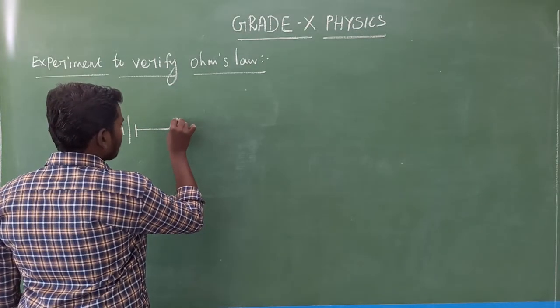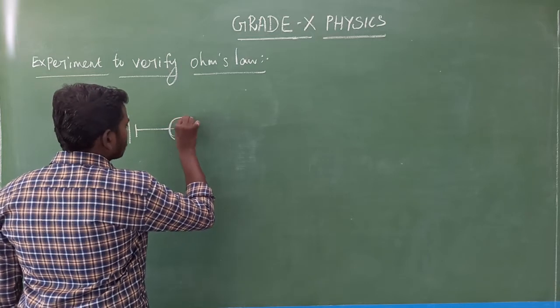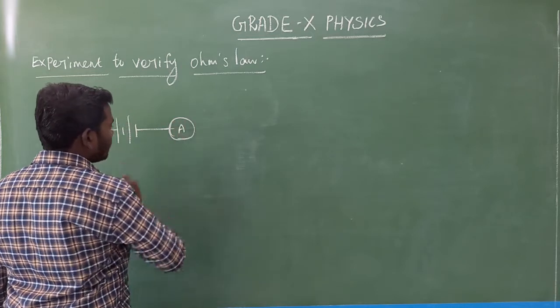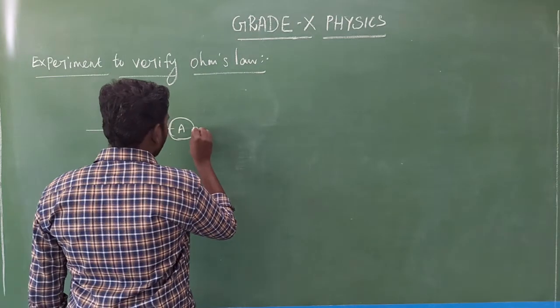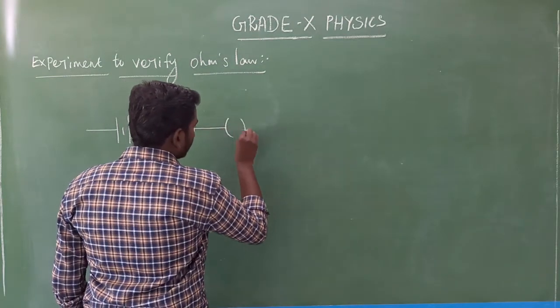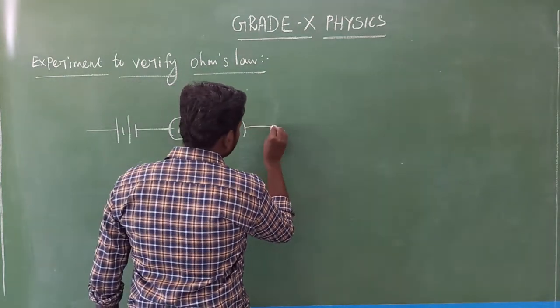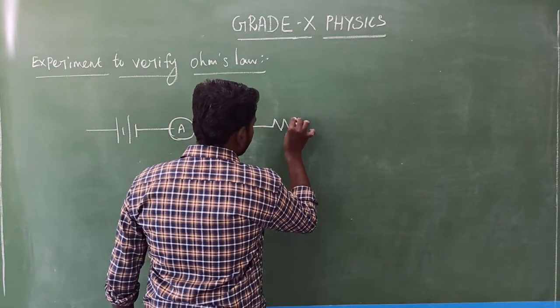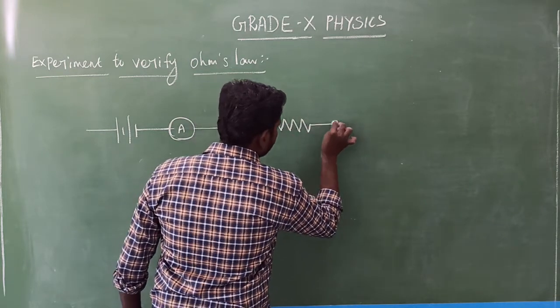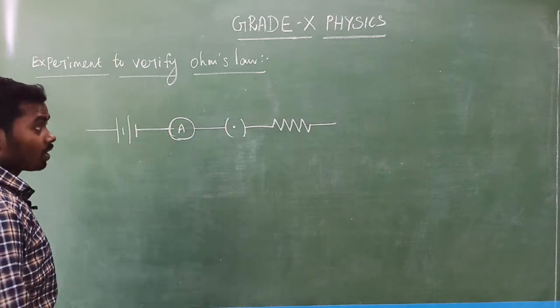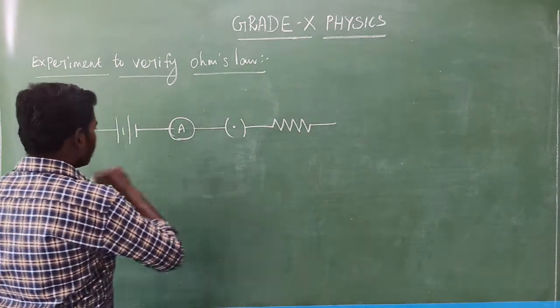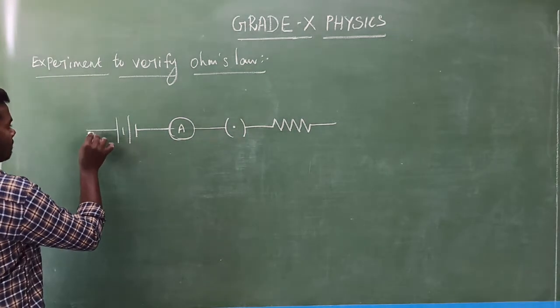Next, the ammeter is here, then the key is here, and this is a rheostat. I'll complete the diagram, listen here.